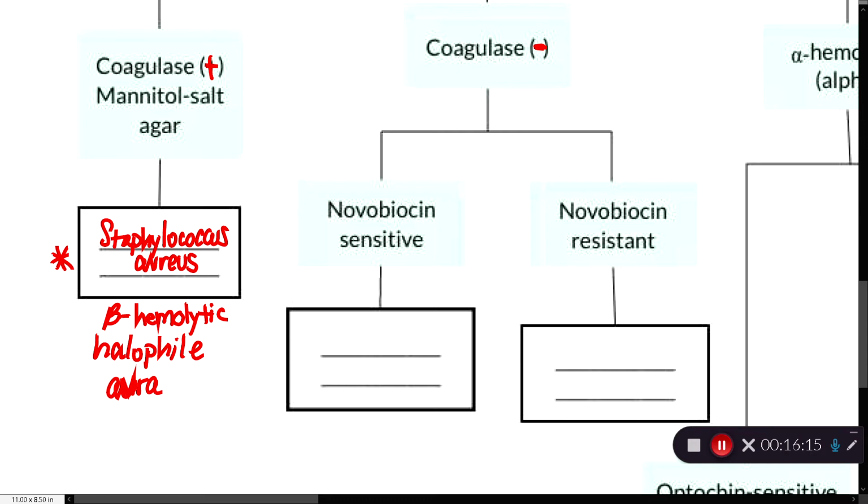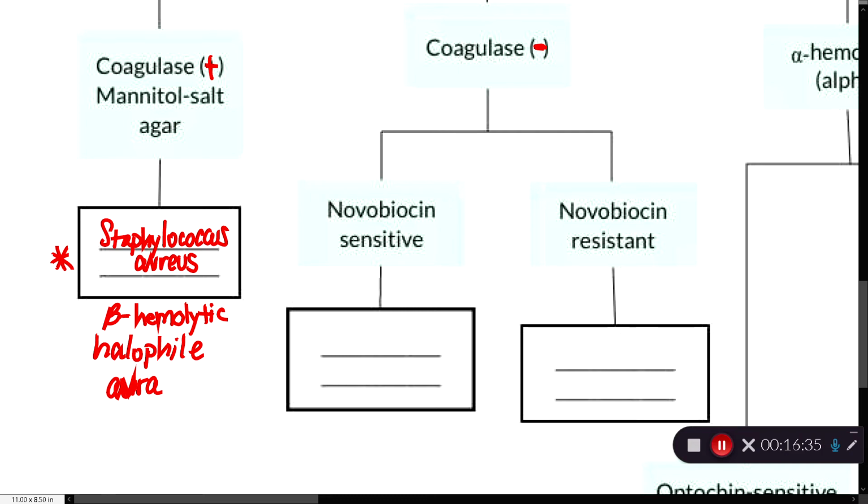Okay. So for the organism that is novobiocin sensitive. Remember, novobiocin is another antibiotic that helps us identify between the two catalase positive, coagulase negative staph.